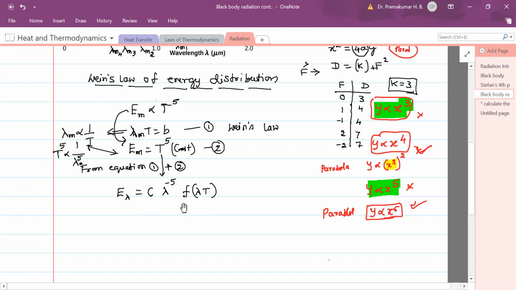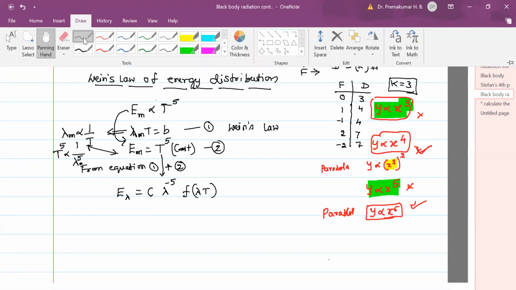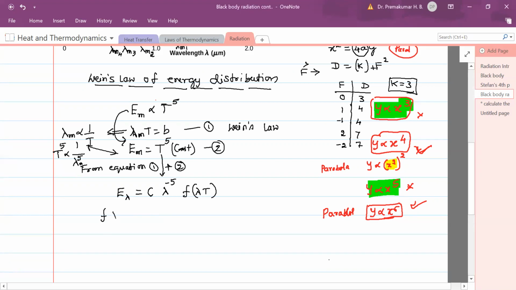To find out this function of lambda t, Wien arbitrarily assumed, again a possible assumption, the actual mechanism of the emission and absorption of radiation, and then he concluded that the function of lambda t can be written as A e to the power of a over lambda t.